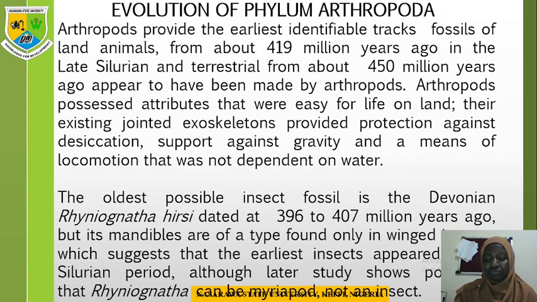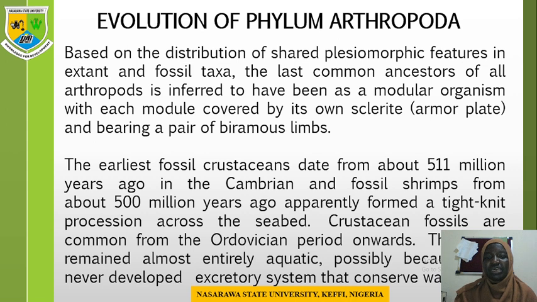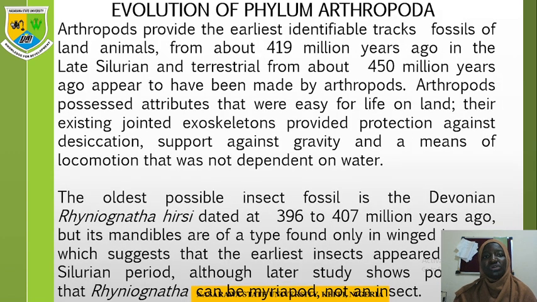They have remained almost entirely aquatic, probably because they never developed a respiratory system that conserves water. That is during the Ordovician period. Arthropods provide the earliest identifiable track fossils of land during the Silurian, from about 450 million years ago.